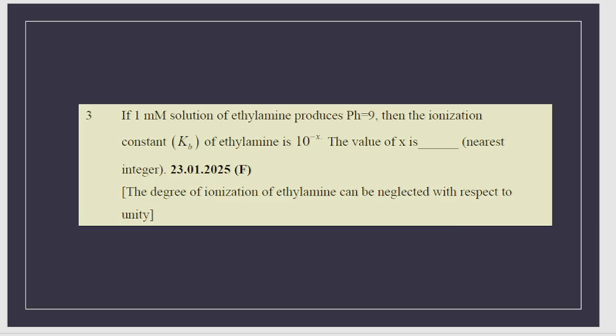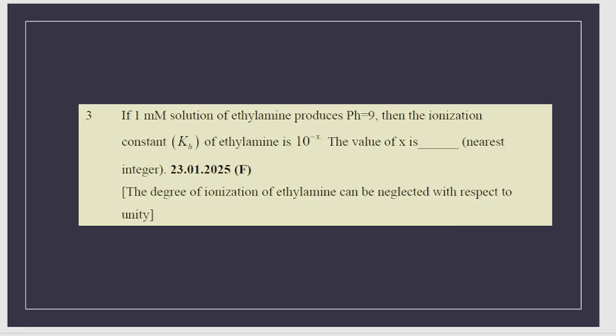If 1 millimolar solution of ethylamine produces pH 9, then the ionization constant of ethylamine is 10 power minus x. Then the value of x they are asking here, and pH they have given as 9, right?